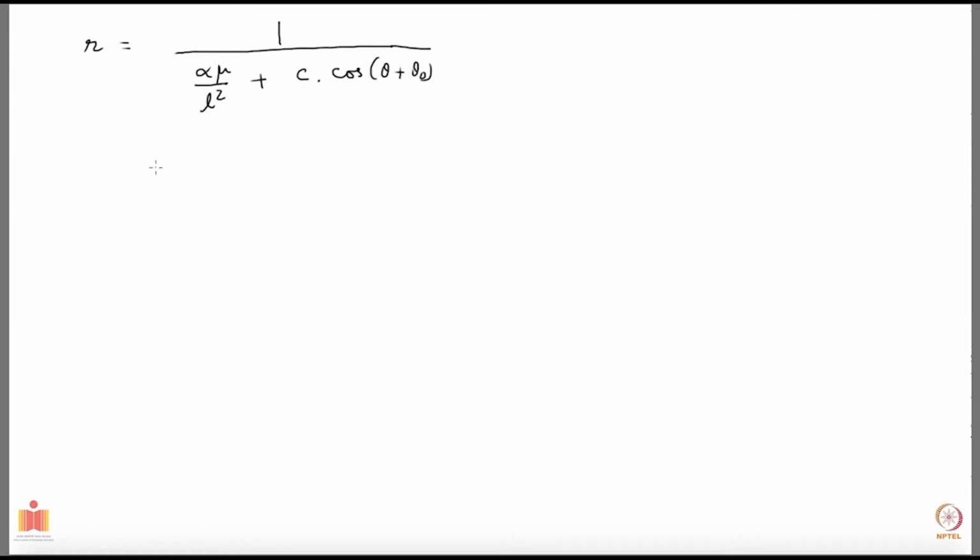Let me do a little bit of algebra and write it as, so I take out alpha mu over L square as common and put it in the numerator, which becomes L square over alpha mu. What is alpha?